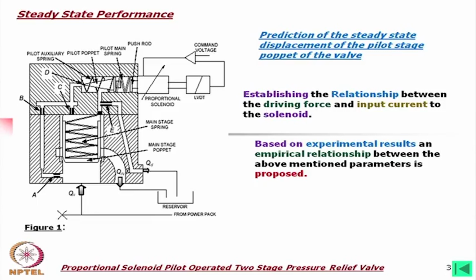Now, I would like to say this in the control: suppose we are using a computer, then what will we try to do? We will try to estimate how much current is required to achieve the desired pressure setting.